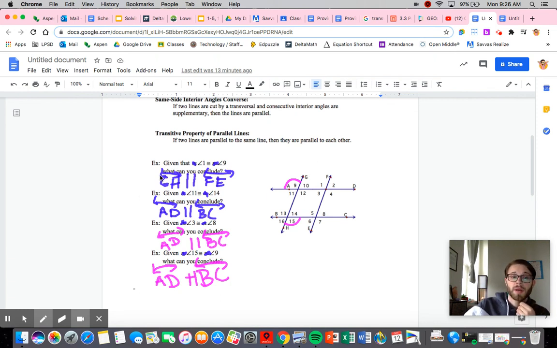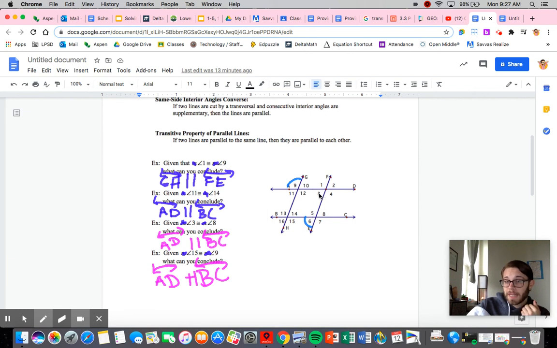The one thing I do want you to be wary of is, let's say I gave you a situation saying that angle 9 was congruent to angle 6. If we look at the two lines they seem to be relating to, there's really not any one particular thing.